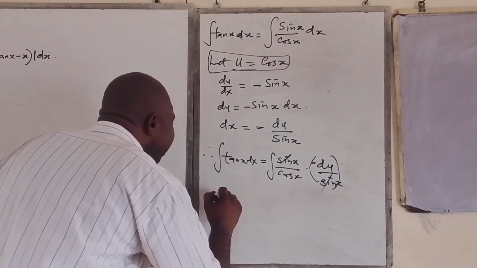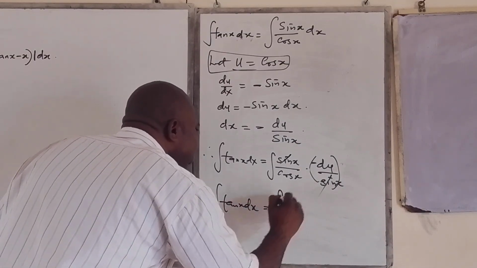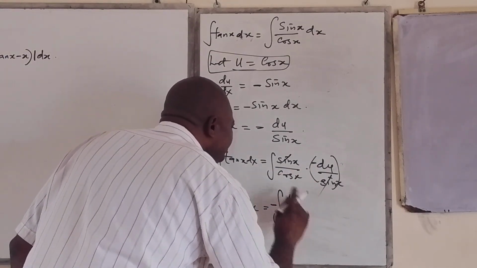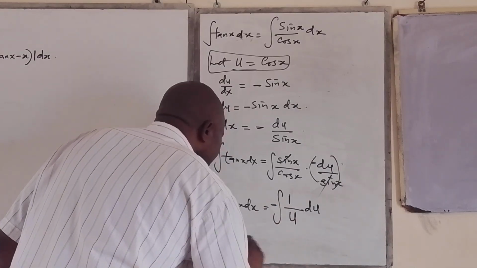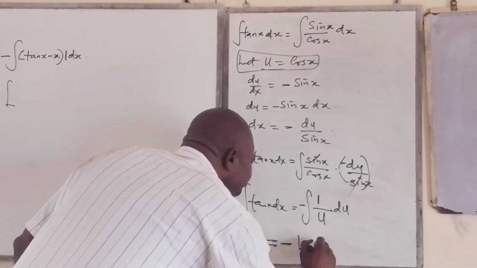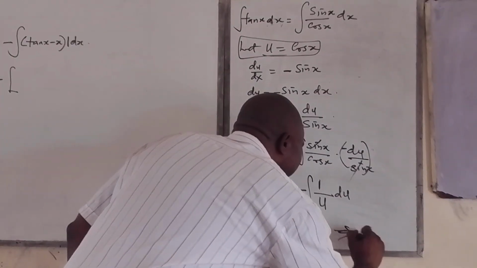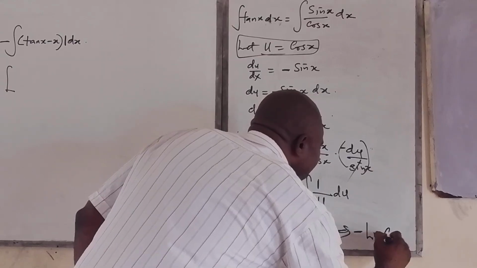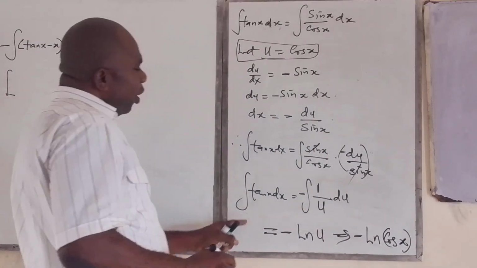The whole of this will be the integral of minus 1 over u du. When you integrate 1 over u, it becomes ln u, so we have minus ln u, which is minus ln cos x. So that's the integral of tan x.